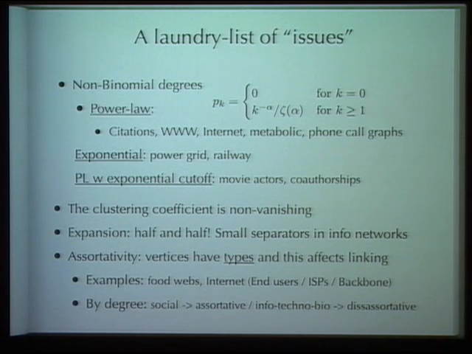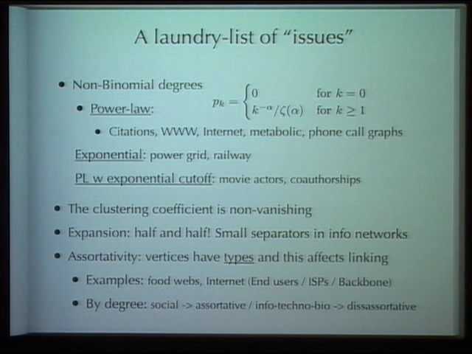Also, in a number of networks, there's this notion of assortativity, meaning that vertices have types, and this affects who links to whom. So for example, if you have a food web telling you who eats what, you can imagine. But similarly, if you look at the internet, you can say that you have three different classes of nodes: end users, ISPs, and backbones. And there are very few links between end users and the backbone, or between ISPs.